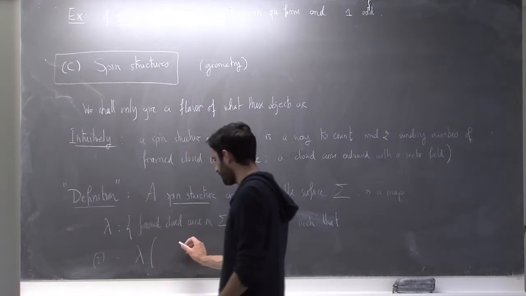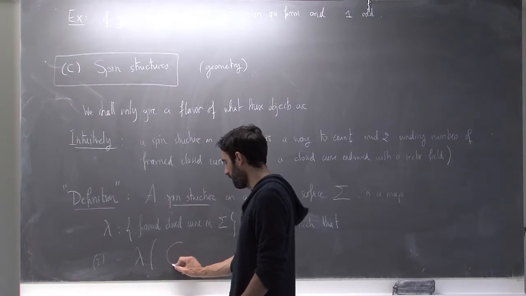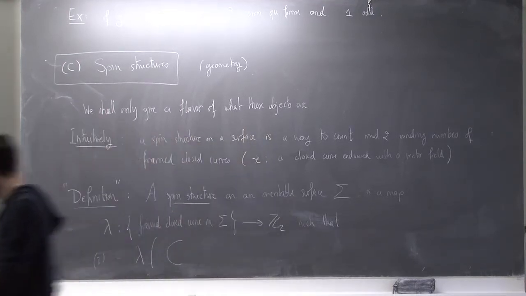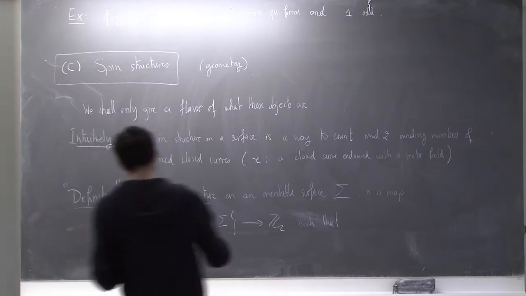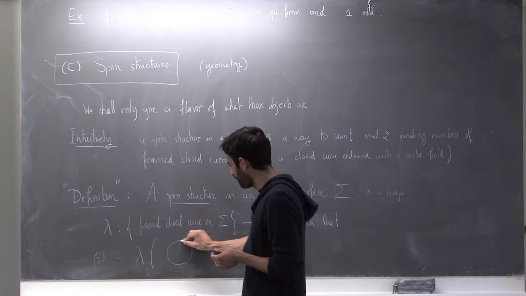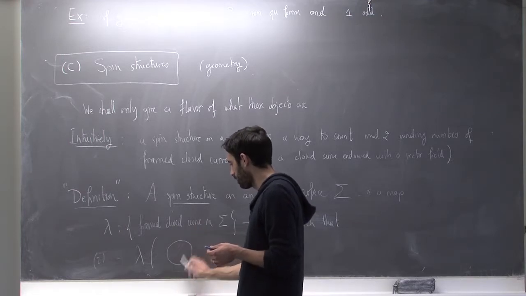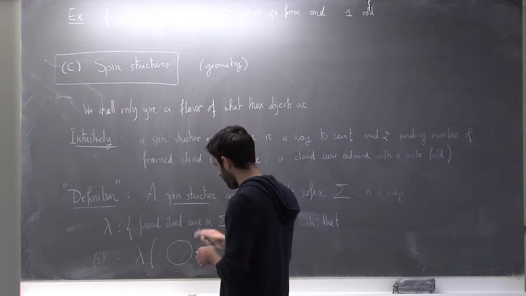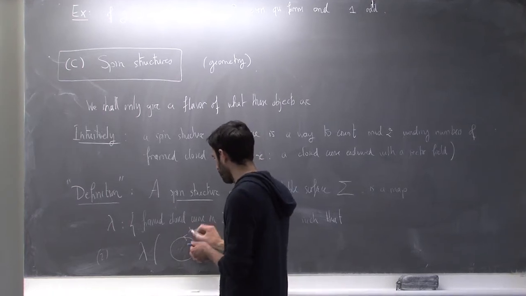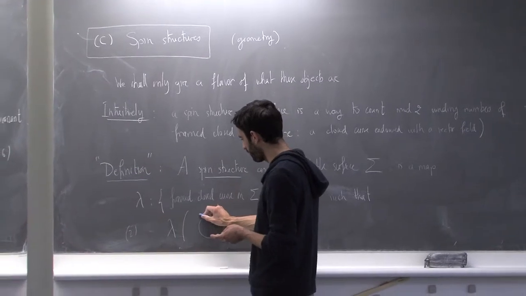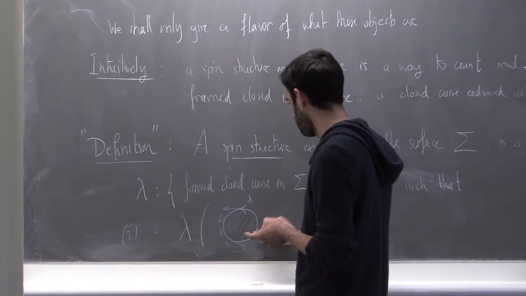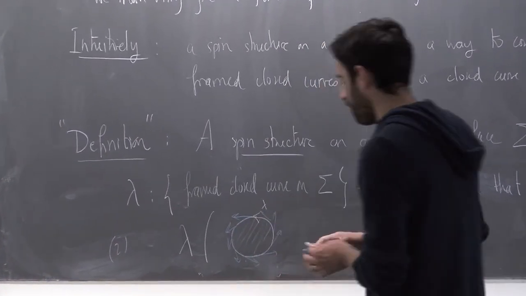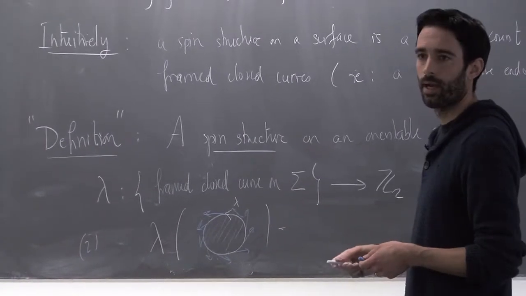For sure, I want that if I have a small disk on the surface, and this is the boundary of the disk, this is my curve lambda, and it's endowed with a vector field that is like that, obviously I would like this to count as a 1.